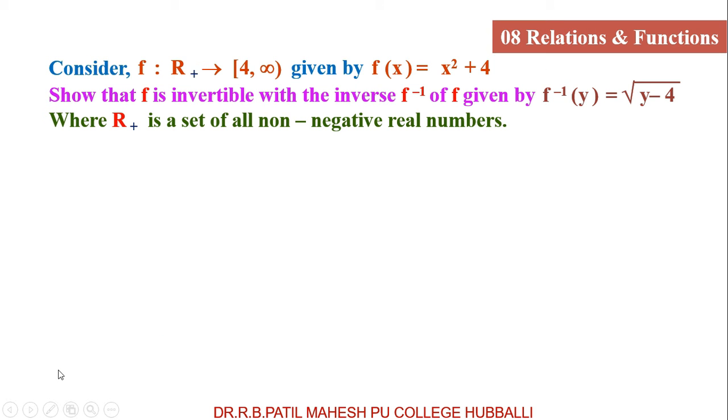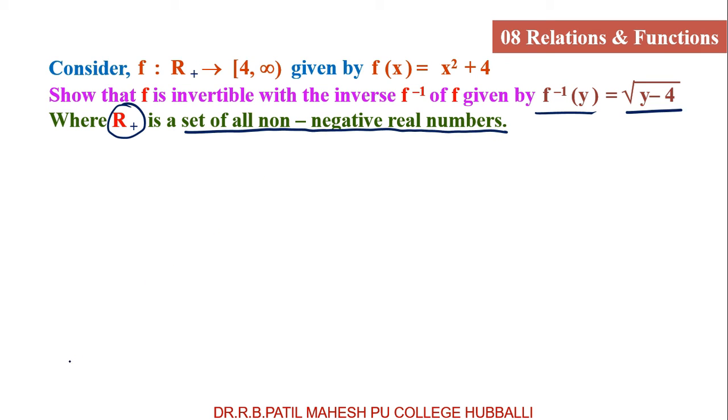Consider f from R plus to [4, infinity) given by f of x equal to x square plus 4. Show that f is invertible with the inverse f inverse given by f inverse of y equal to root of (y minus 4), where R plus represents the set of all non-negative real numbers.